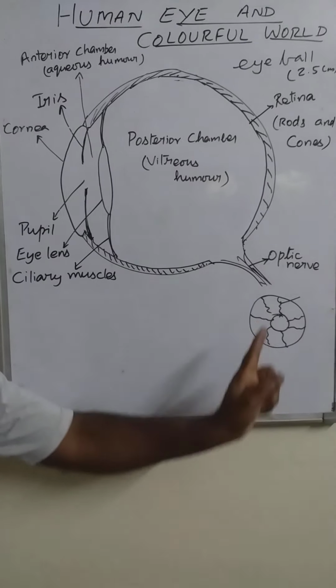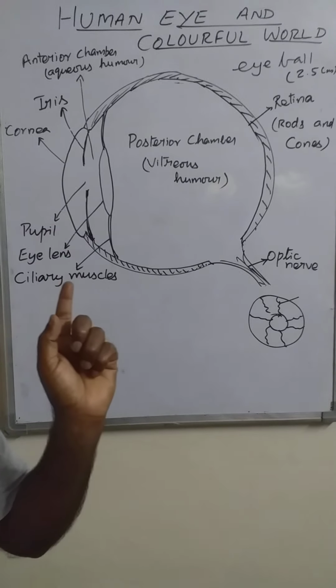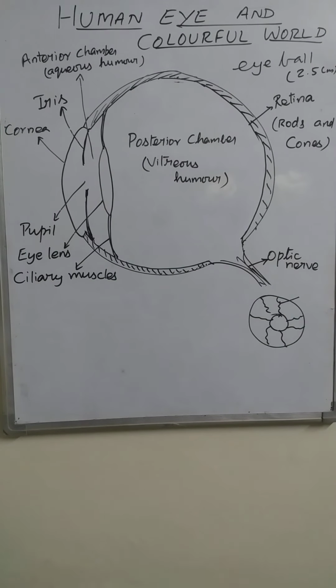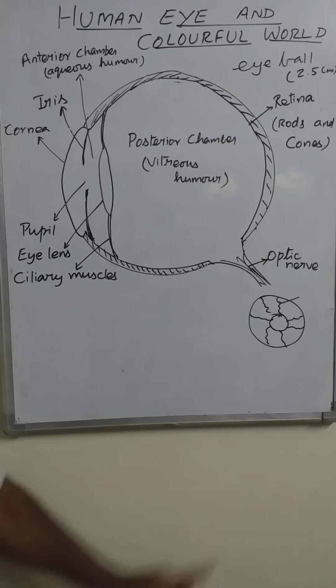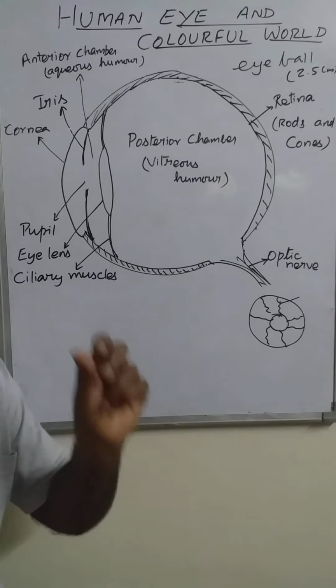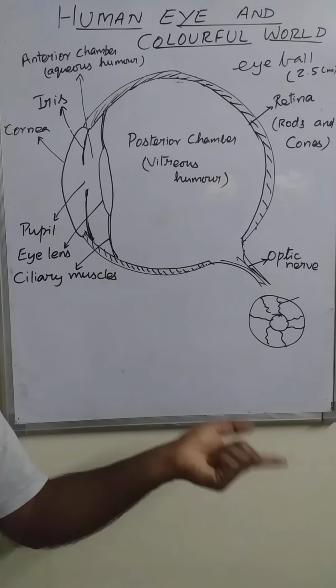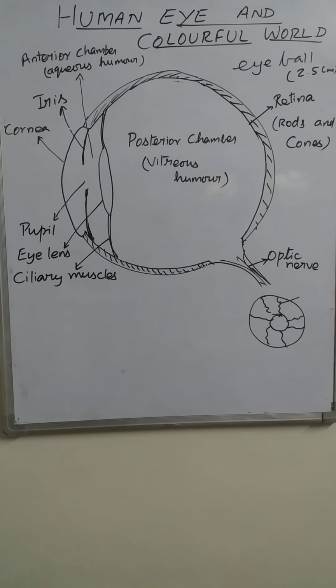By changing their length, the size of the hole at the center is also changing. If their length is increasing, then the hole becomes smaller. If their length decreases, the size of the hole increases.